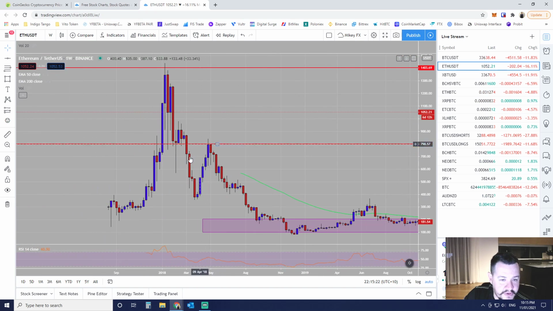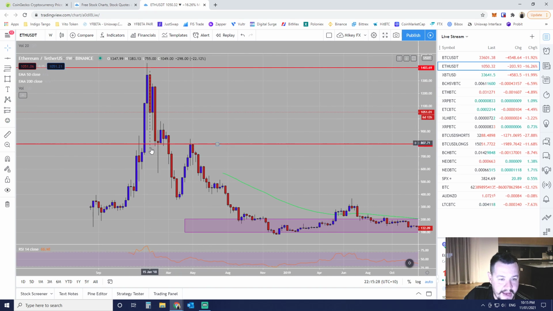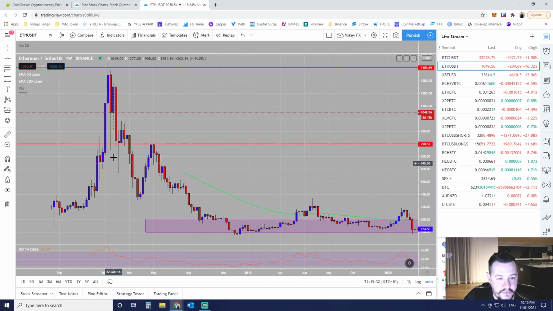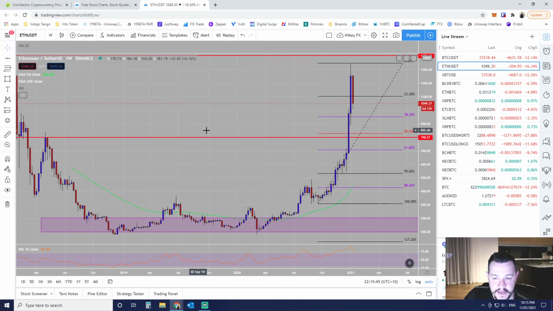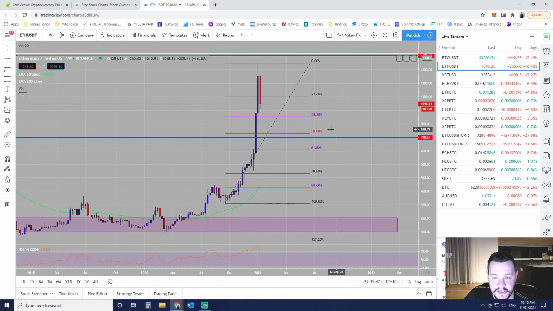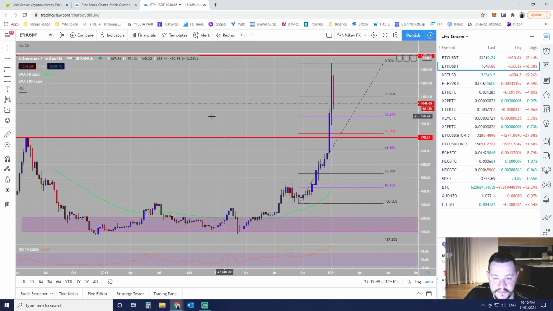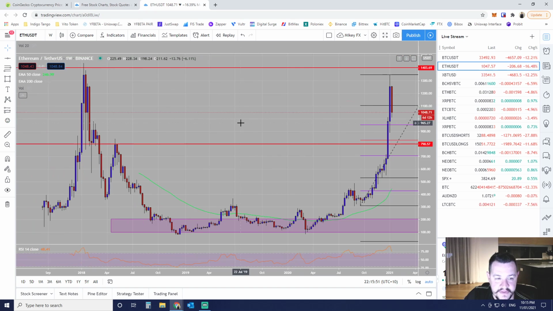We had an initial test failure, but then we broke through it. We came back, had a massive pin bar, a retest of support, and then came back up, broke through, went back up to retest 800 again, and then fell down from there. So 800 is a very strong support level at this point in time. That's where I'd be looking to see if Ethereum comes down.